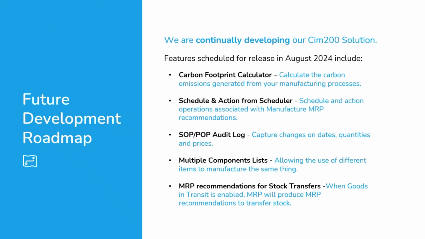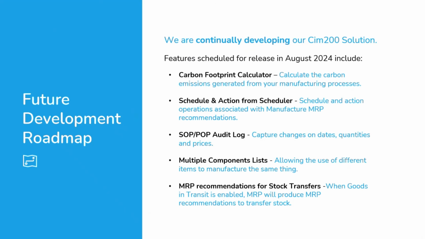Some of the notable features that are coming out in the next release, due out in August 2024, followed by a February release next year. But we are releasing our carbon footprint calculator, already available in Cim50, but we are bringing that on to the next level with Cim200.